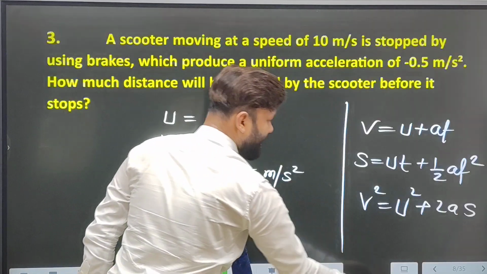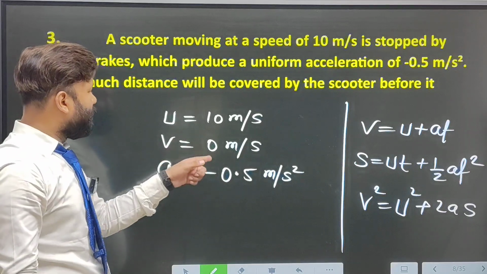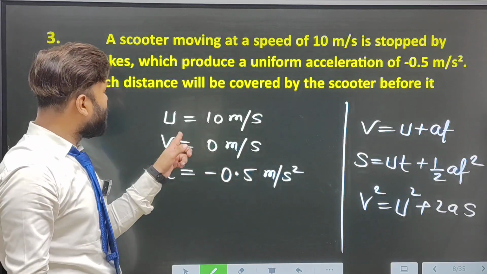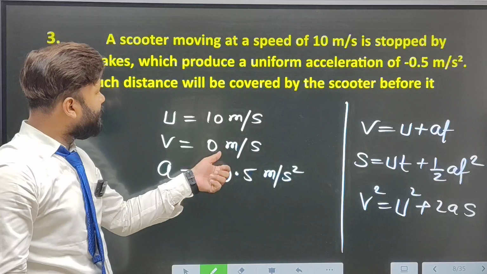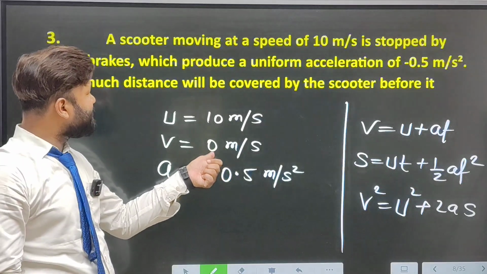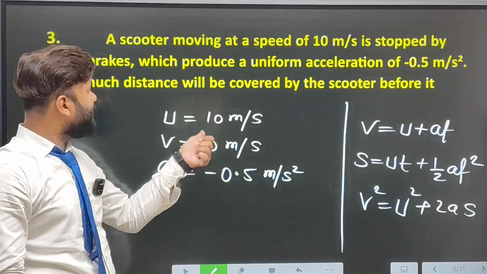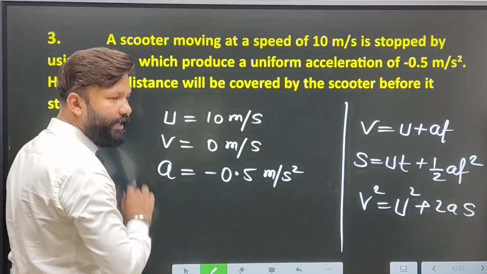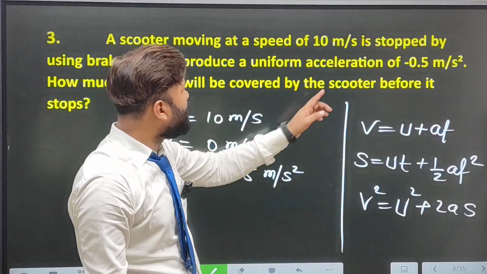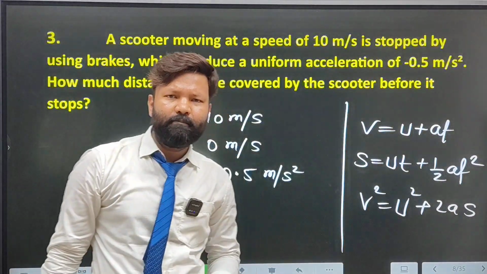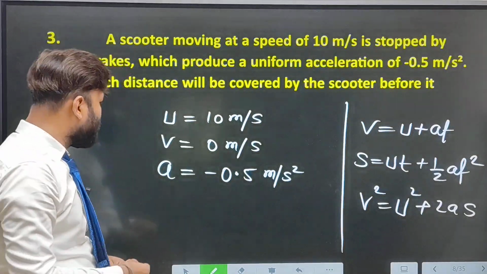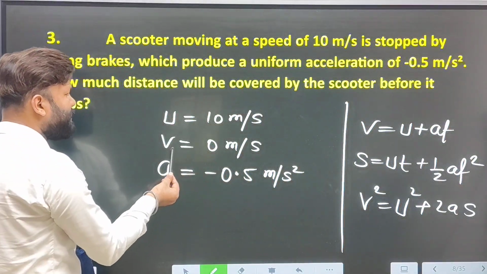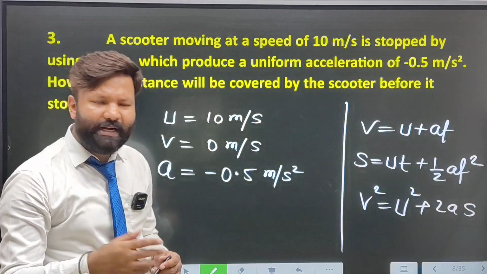A is given, and it is negative. Why is a negative? Because v is less than u. Suppose it is not mentioned that acceleration is negative, then we can easily find it is negative, because v is 0, so v is less than u, so a should be negative.